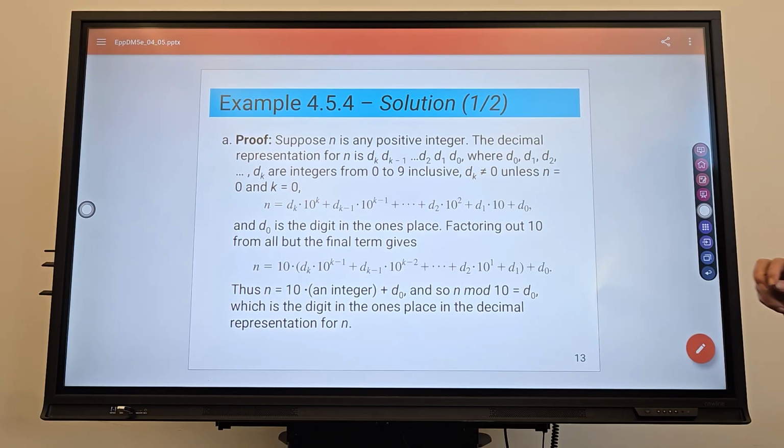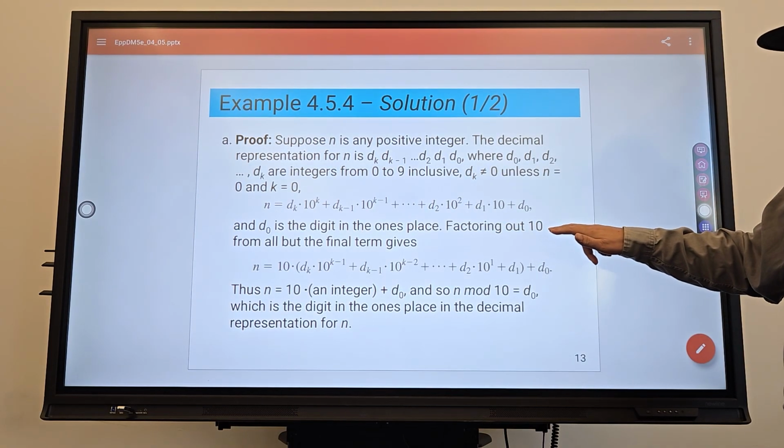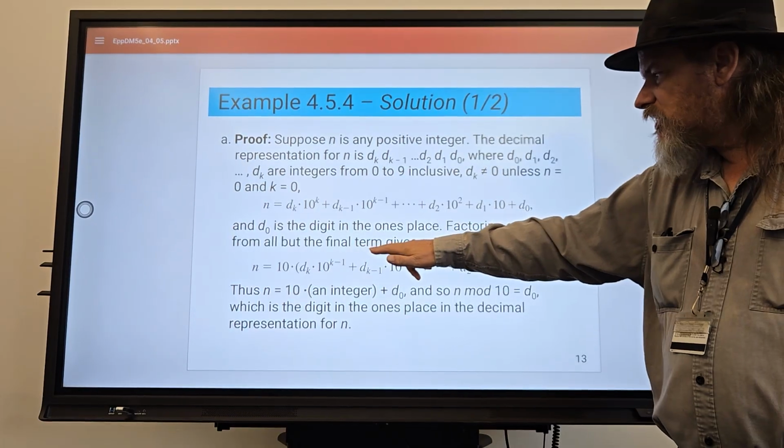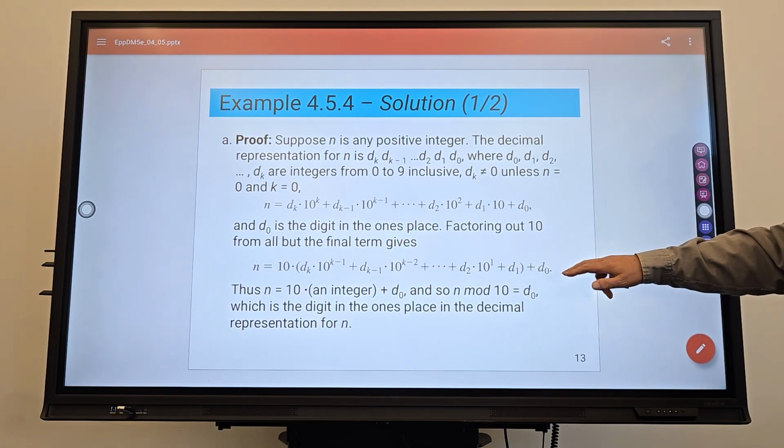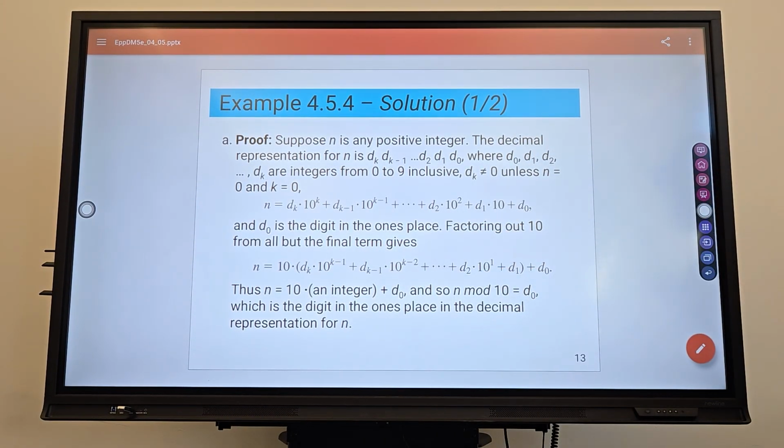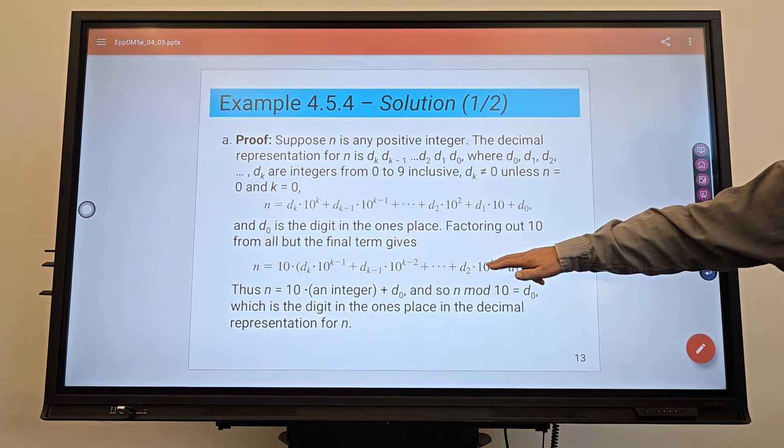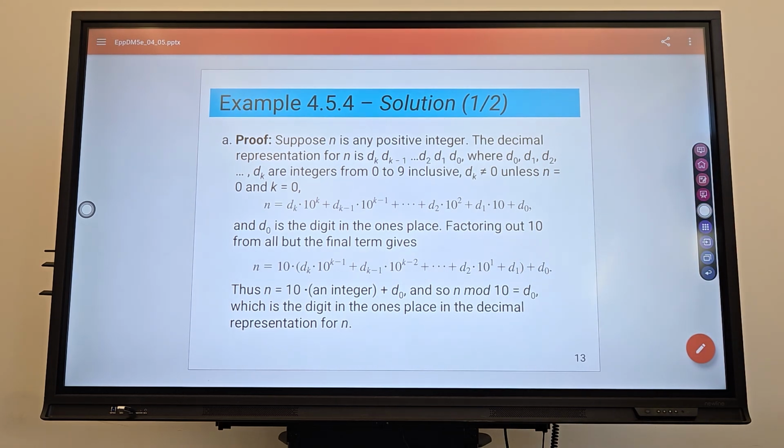So factoring out the 10 from all but the final term gives 10 times this mishmash here. Thus, n equals 10 times some integer plus d sub 0. And so n mod 10 equals d sub 0, which is the digit in the ones place in the decimal representation for n.